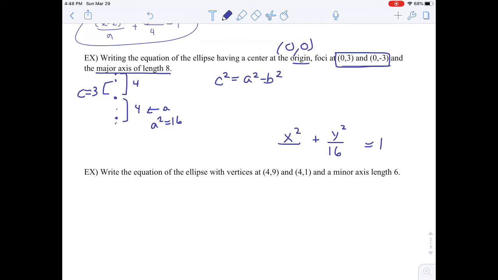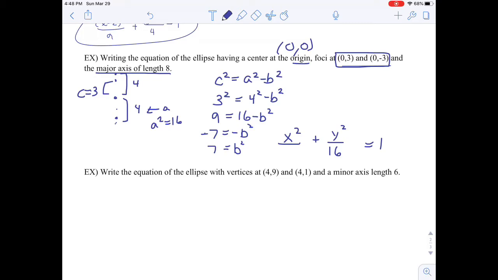So 3 squared equals A squared, which is 4 squared, minus B squared. So it's 9 equals 16 minus B squared. Subtract that over, and B squared equals 7.